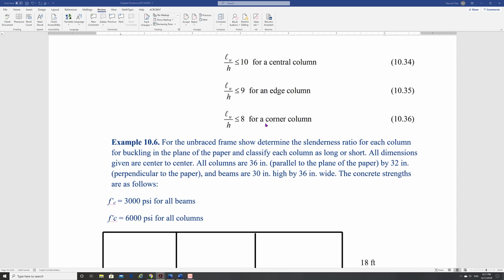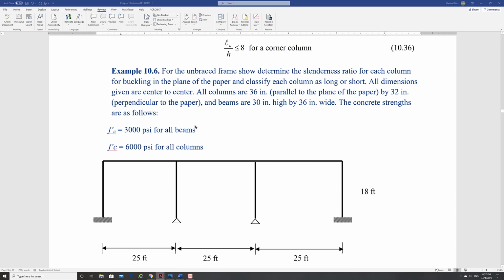There. So let's use some of this material. Here is a frame, and normally what we learn is fixed connections, pin connections. So that's typical, right? That we learn. And we have the columns.